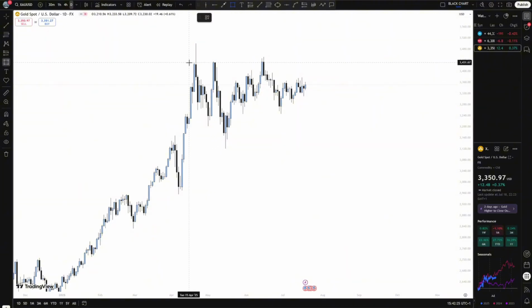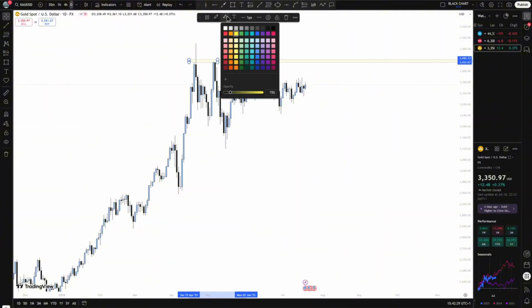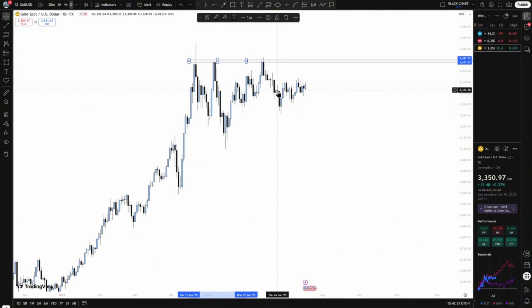Since there is no direction now, talking about growing a small account, there are things you pay attention to before we analyze gold. Let me go quick with that one. The first thing you need to understand when talking about growing a small account is trend.